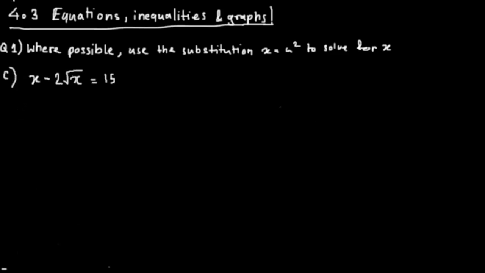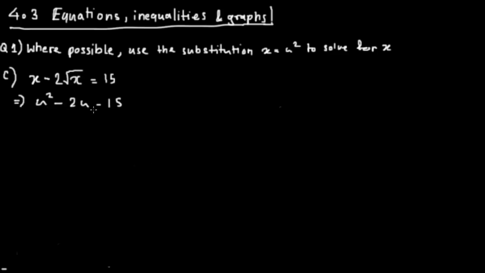Okay, so next one is C. This is pretty much the same thing, but a bit harder. From here you can do the same thing, just substitute. So u squared minus 2u minus 15. You realize I kind of skipped the step. I just put u here, u squared here, then cancel it out.